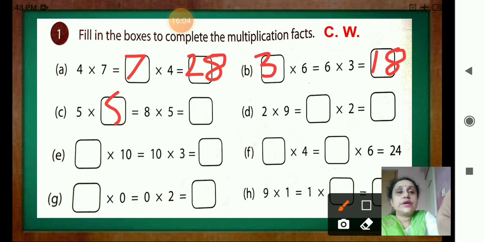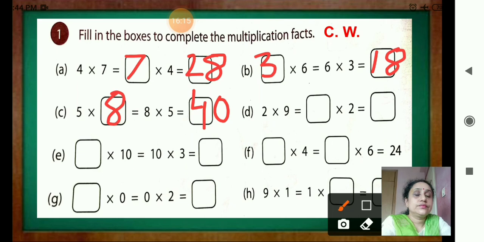So you have to write here 8, and what is 5 eights or 8 fives are? 40. Now D, 2 nines are equal to 9 twos are 18. Done?